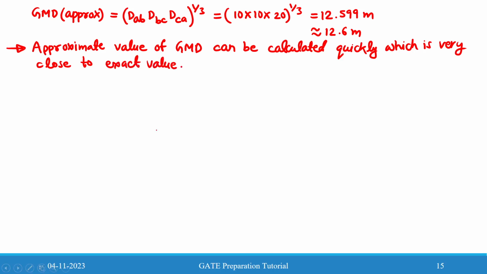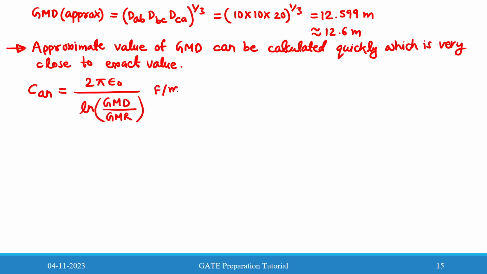Now we have found both GMD and GMR, so we can directly apply the expression for line to neutral capacitance: 2 pi epsilon naught divided by ln of GMD divided by GMR, farad per meter.